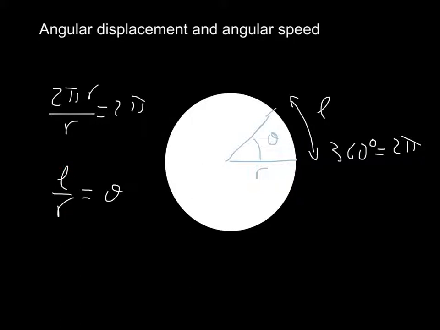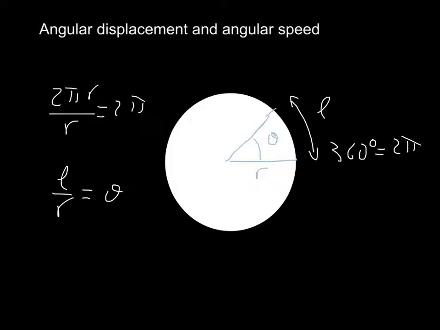This has no units. So the radian is not a unit. It's a ratio between two things that have units of meters. So when we write radians, there really is no unit. So this is the natural unit of angle, and you will see that it will make things way easier when we start calculating stuff.